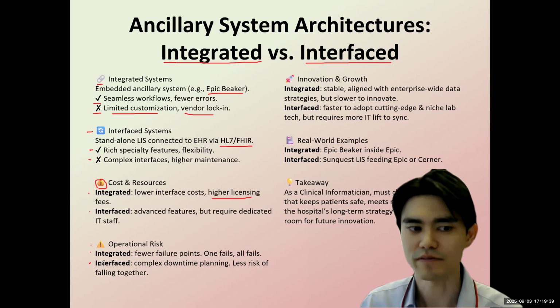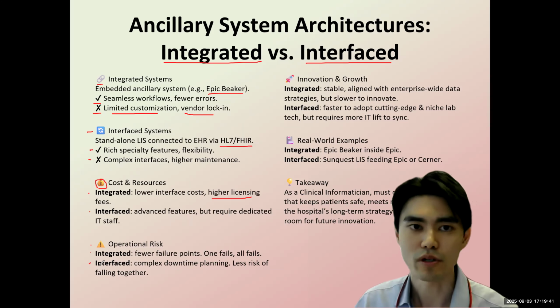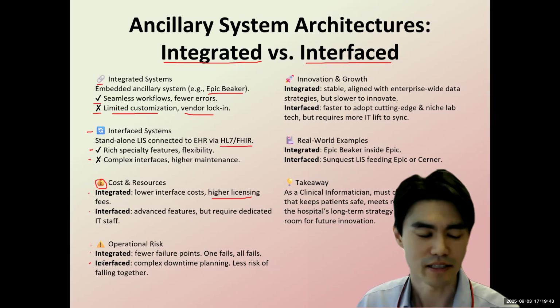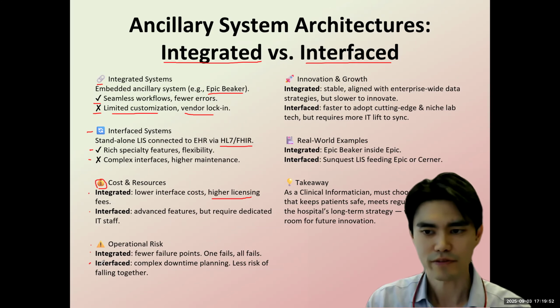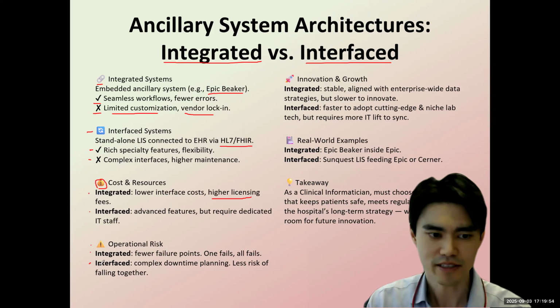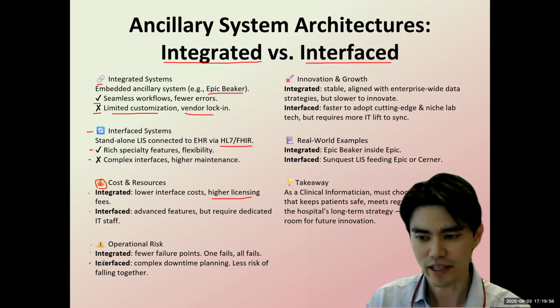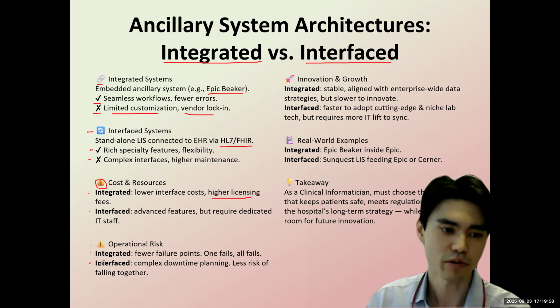Now let's look at the interface. Interface is more complex in terms of downtime planning. So let's say you want to update your EMR, then you could update just the EMR, and you could just update the laboratory information system or ancillary system.